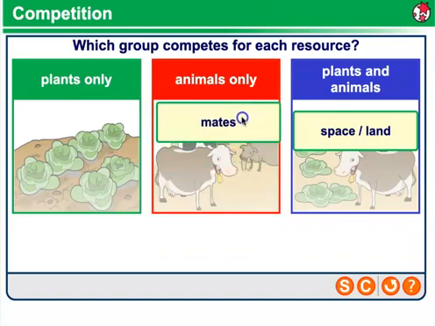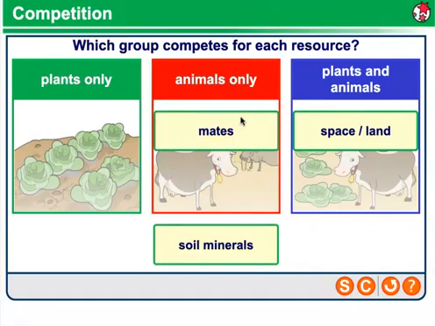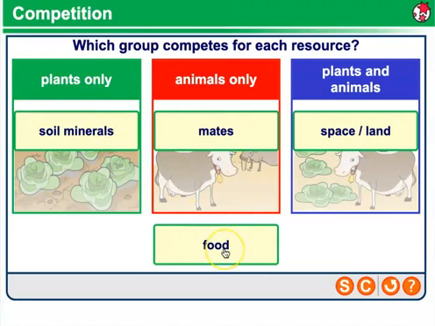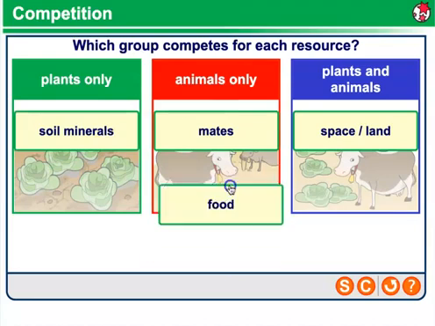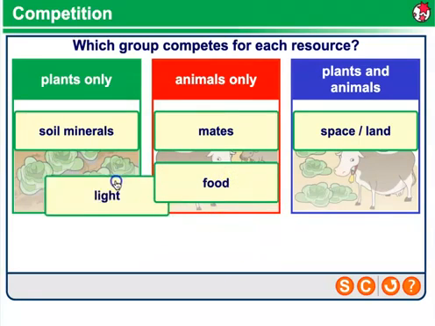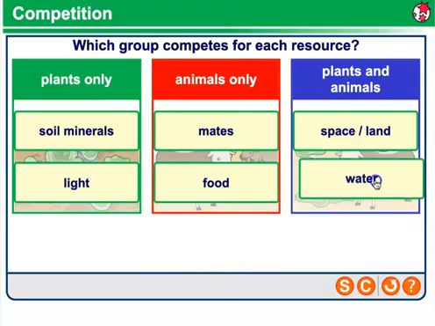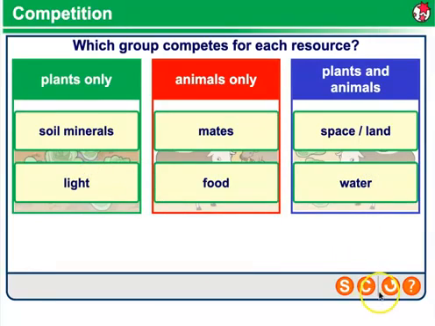If we were talking about reproduction in general, it may also occur with plants. Soil minerals. Plants or food resources. Animals. Light. It's going to be plants. And water. Both plants and animals.